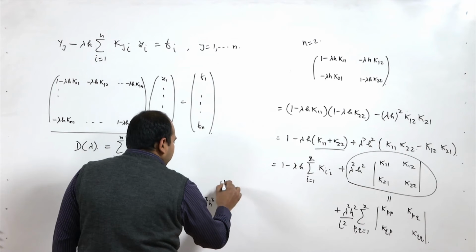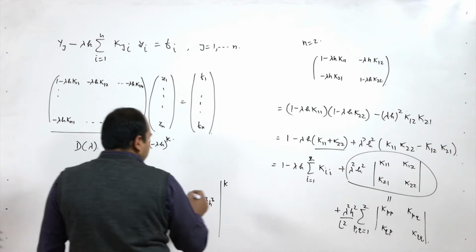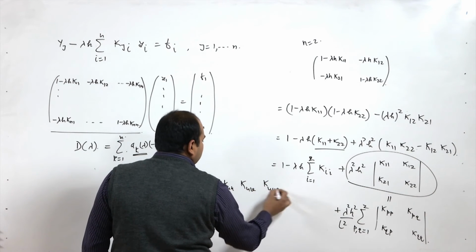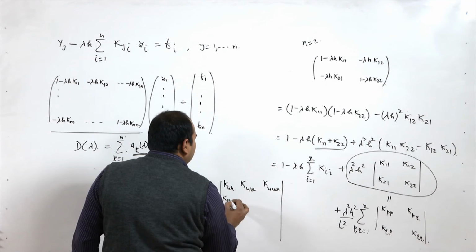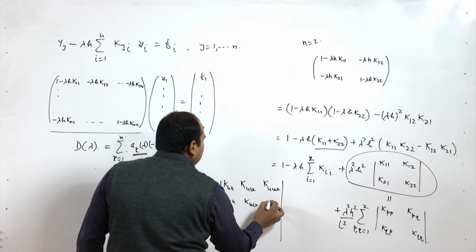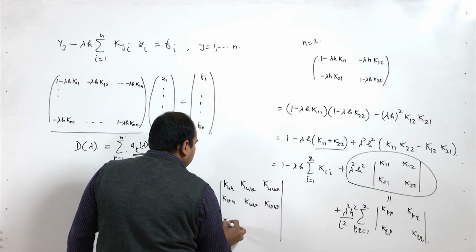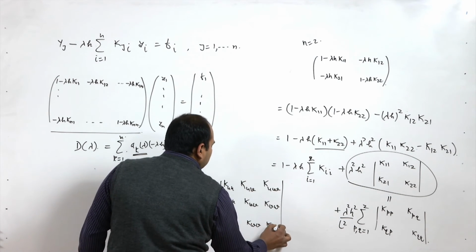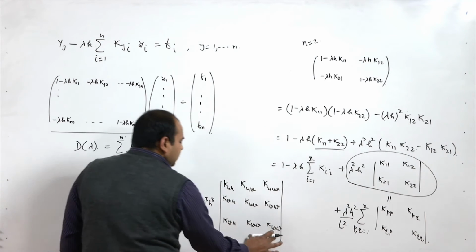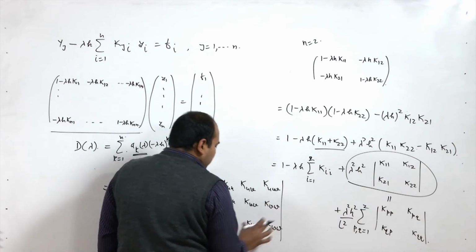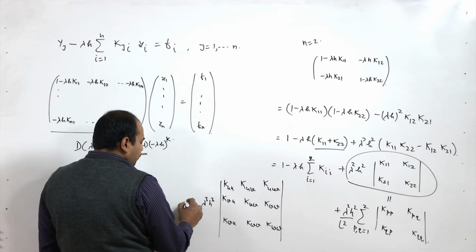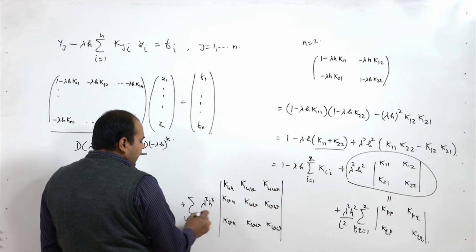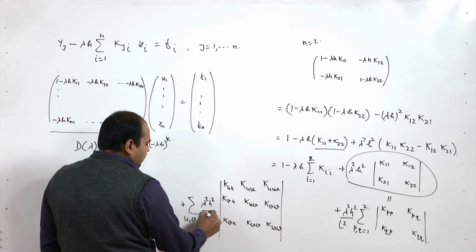You can also verify that the term in lambda h cube is given in terms of k, here I am using u, v, w: kuu, kuv, kuw, kvu, kvv, kvw, and kwu, kwv, and kww. Now again, since we are taking the summation over u, v, w, the number of such possibilities is factorial 3.